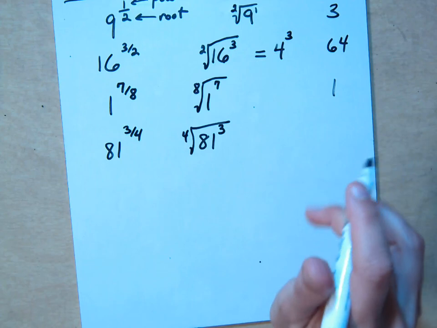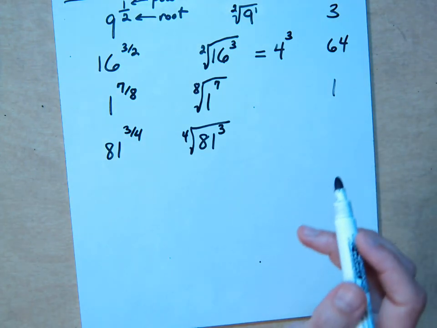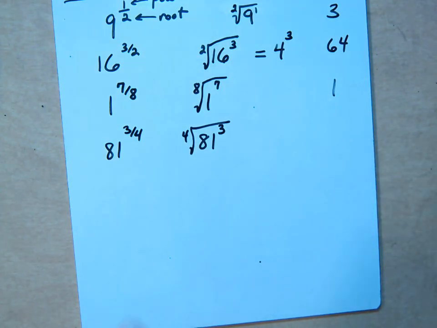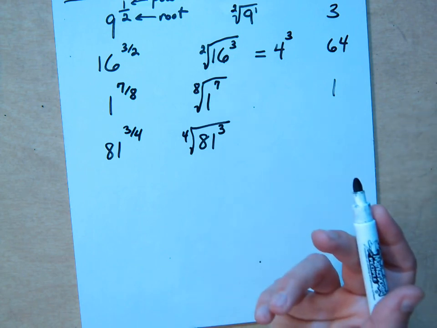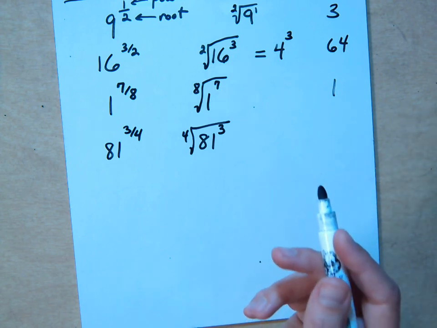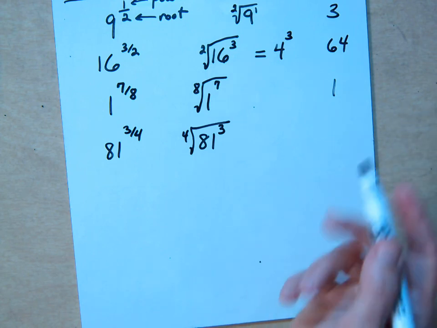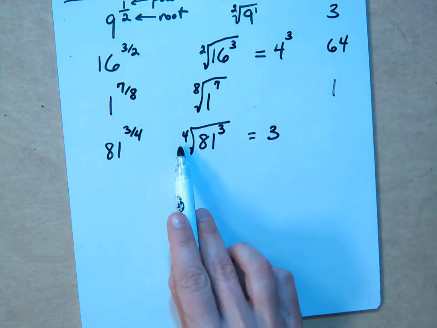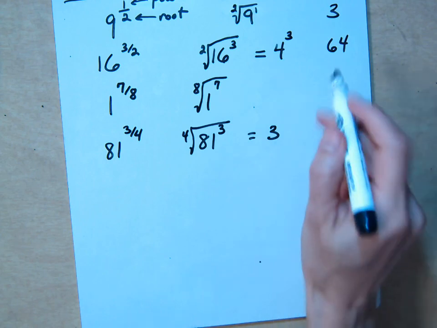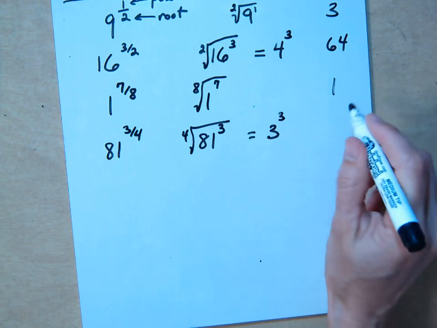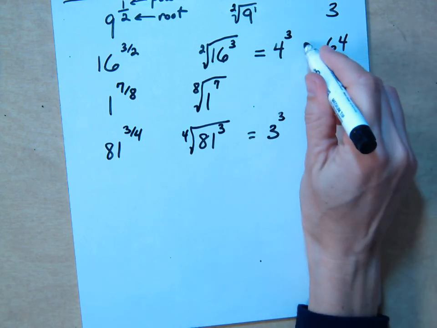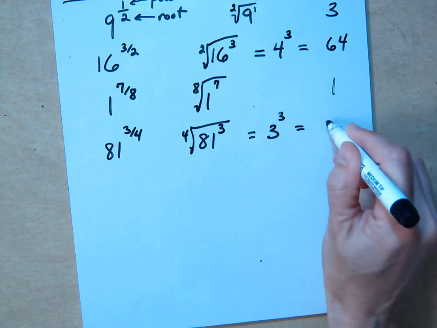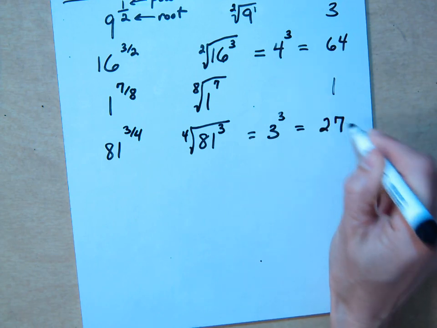We could try things. 2 times 2 is 4, times 2 is 8, times 2 is 16. Let's try 3. 3 times 3 is 9, times 3 is 27, times 3 is 81. So it's 3. So take the 4th root first, and then cube it. 3 cubed is 27.